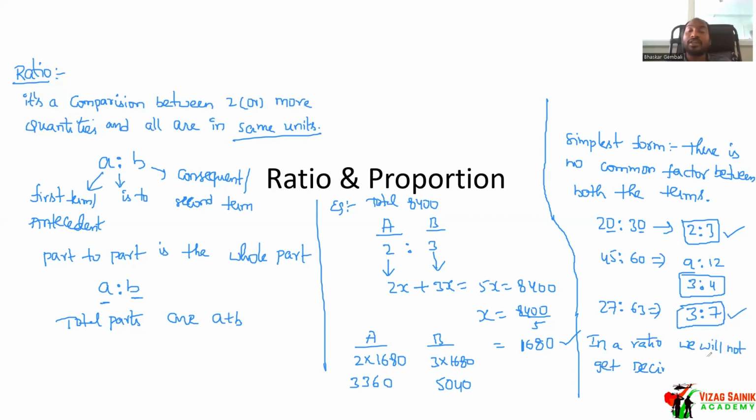In ratio we will not get any decimal parts. Wherever we are seeing decimal parts, there we have to convert that decimal into a number. ఎలా మార్చుతాం? ఒక డెసిమల్ ఉంటే by 10 వేస్తాం, 2 decimals ఉంటే by 100 వేస్తాం, 3 decimals ఉంటే by 1000 వేస్తాం. Like that we can convert the decimal into a number. I hope everyone understood. Okay, good.